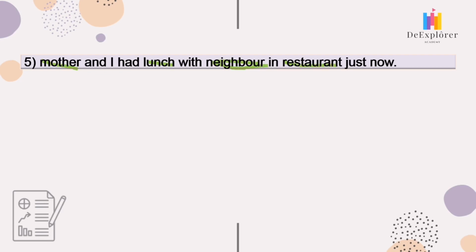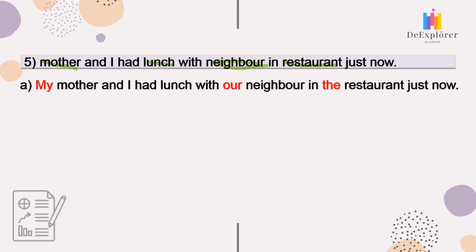Okay, so before these nouns, you need to have an article, a quantifier, or a determiner. Okay, so what should the answer be? My mother and I had lunch with our neighbor in the restaurant just now. Okay, so you check. Whose mother? My mother and I. Okay, had lunch. You see? So the word lunch is a meal.